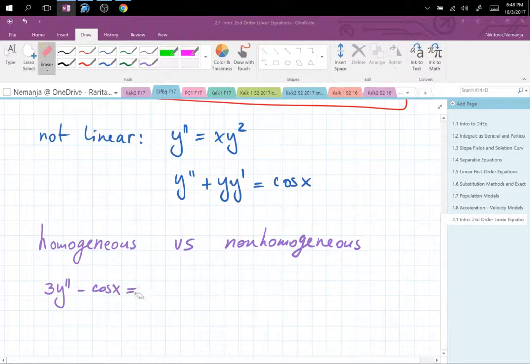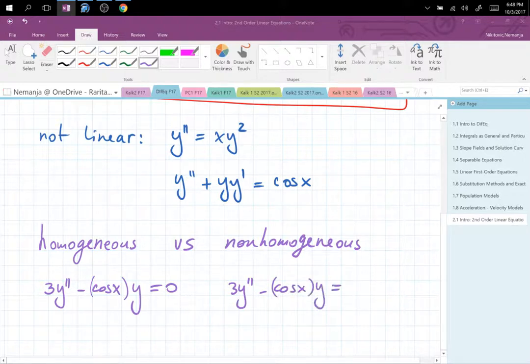And then the same equation, non-homogeneous, would be 3y double prime minus cosine x times y is equal to, let's say, e to the x. This example is sufficient for you to figure out the naming convention, right? Which one belongs to which. So if you have the forcing term, it's non-homogeneous, and if you have a 0, it's homogeneous.